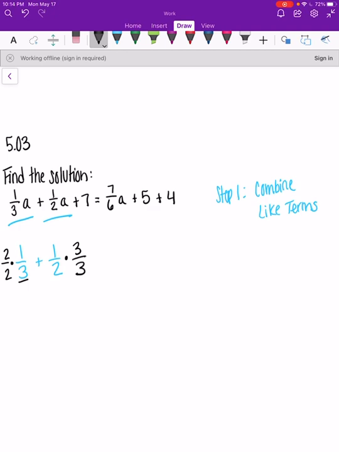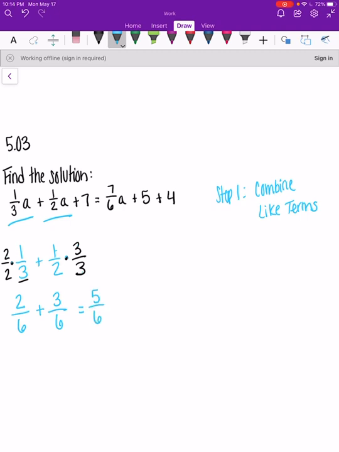So now instead of 1/3, we can just rewrite 1/3 as 2 times 1, which is 2, and 2 times 3, which is 6, plus, over here we have 1 times 3, which is 3, and 2 times 3, which is 6. 2/6 plus 3/6, now we can add them because they have the same denominator, is 5/6.